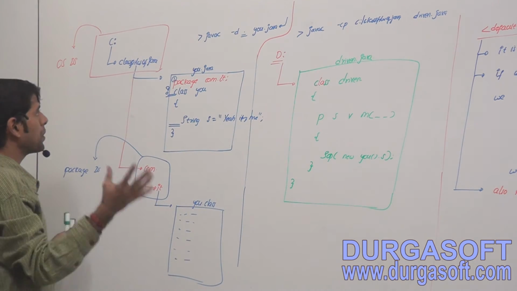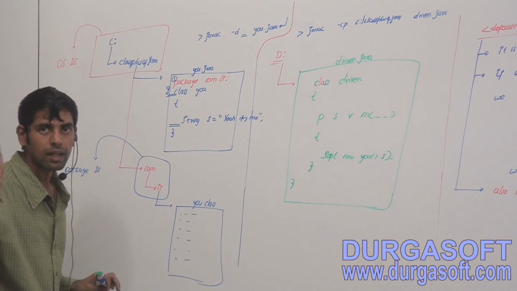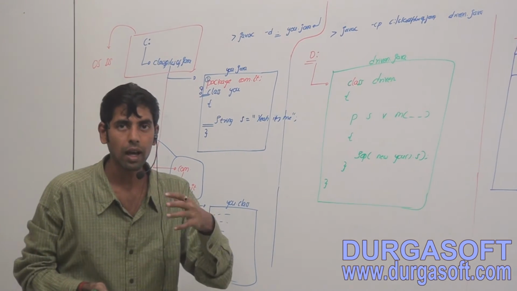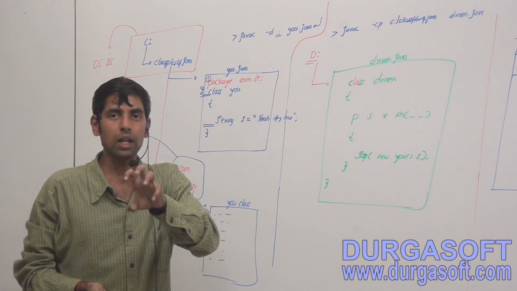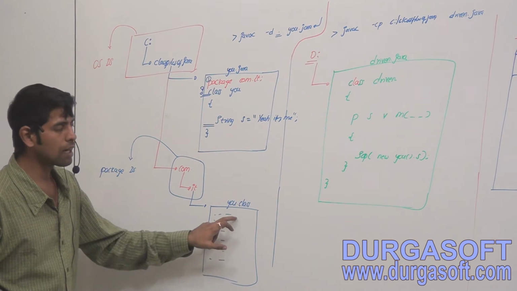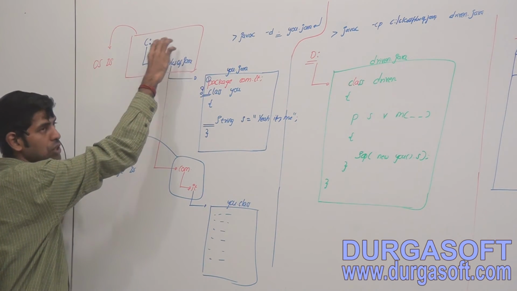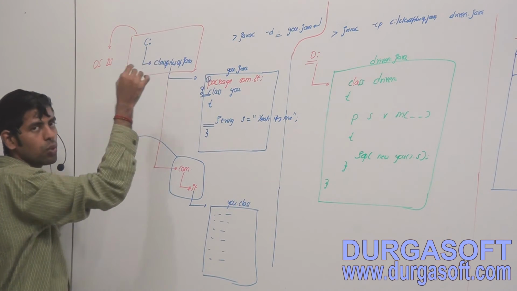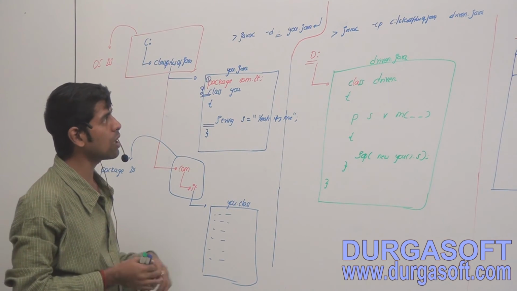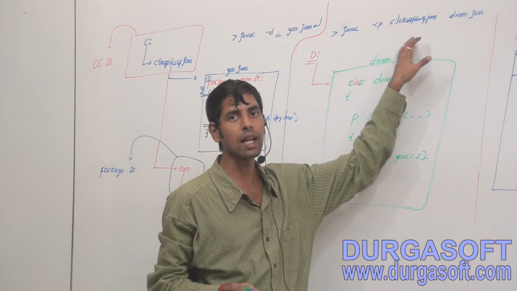Now we have to intimate our required dependent .class file's presence up to the OS directory structure, which we resolve by using class path.